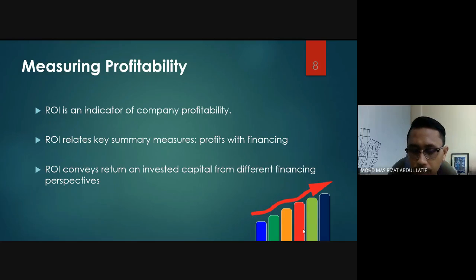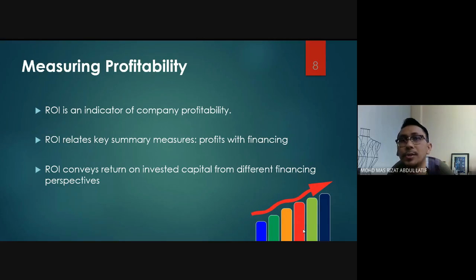So it can effectively convey the return on invested capital from varying perspectives of different financing contributors such as creditors and shareholders. So beside measuring the managerial effectiveness, ROI also can be used in terms of measure the profitability.